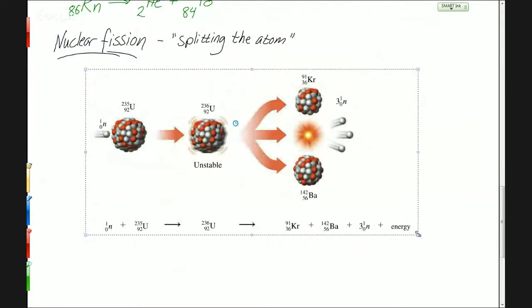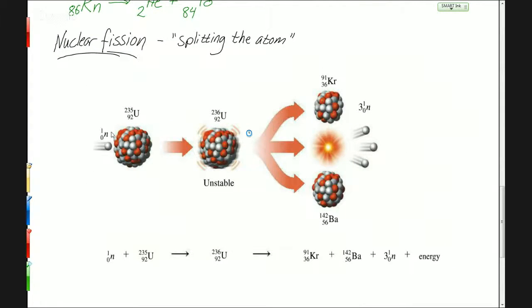This is what nuclear fission looks like. You've got kind of a picture of it first, and then what it looks like in a nuclear equation. A neutron hits a uranium nucleus. So this is not a natural process. You have to bombard uranium, specifically uranium-235, just this one isotope, with neutrons.